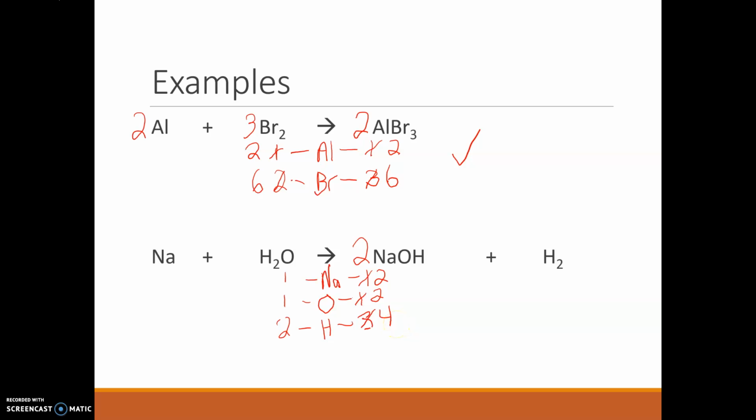All right, let's take a look over here. So I want to balance my sodiums first, so I can put a 2 out here so that I have 2, and now those are balanced. And now I need to get 2 oxygens and 4 hydrogens. So if I put a 2 out front, 2 times 2 is 4, and 2 times 1 is 2, and now that is balanced. Okay, and so that's it.